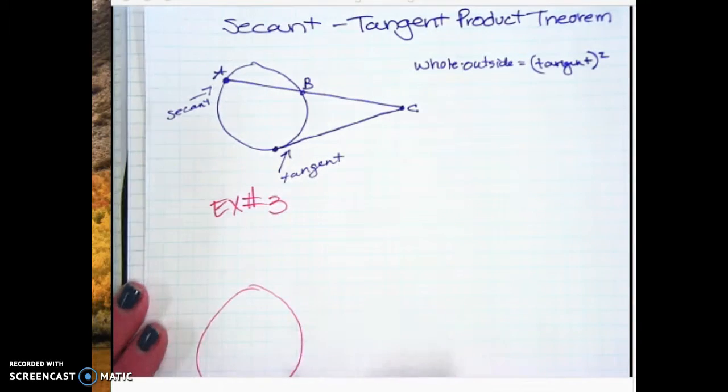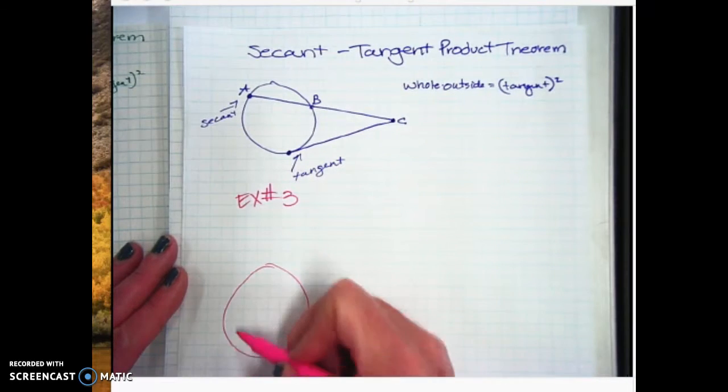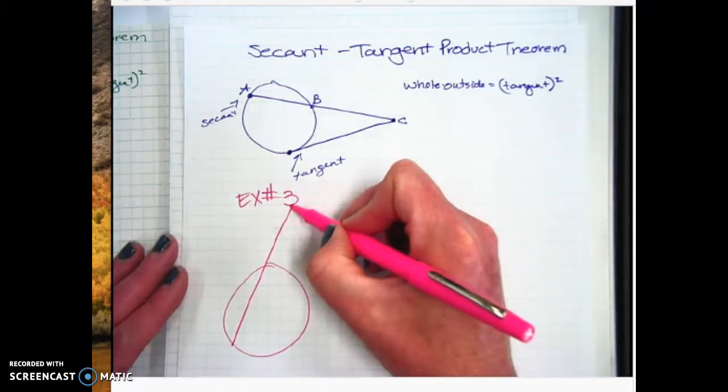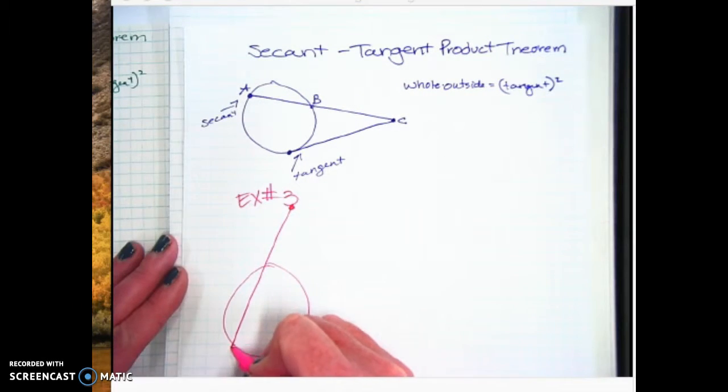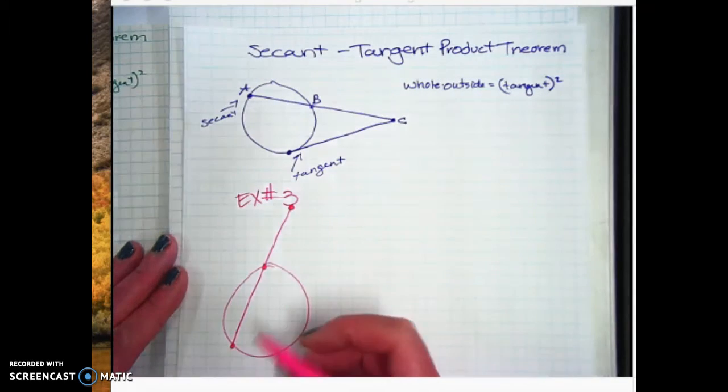It's our circle. Whoops. Shrink that down a little bit, sorry. There we go, now you can see them both. All right, so here is one that's passing through the circle to the outside. So that one's the what? The secant.